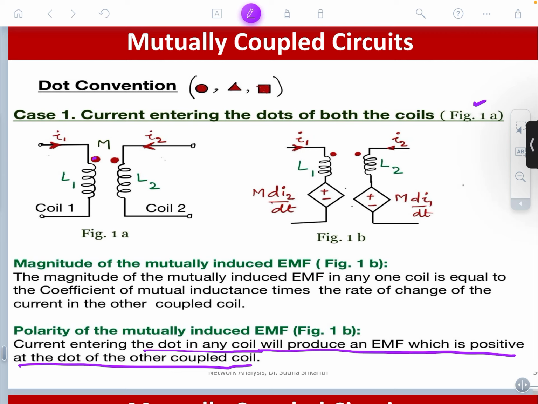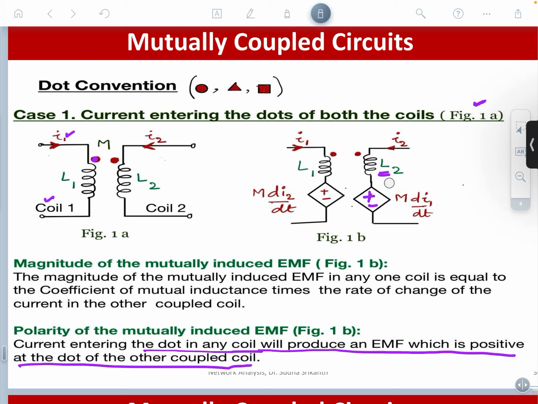Current I1 is entering the dot of coil 1. This current will produce an EMF in L2 which is positive at the dot. Where is the dot? The dot is at the top of L2. So the top terminal is positive, the bottom terminal is negative.